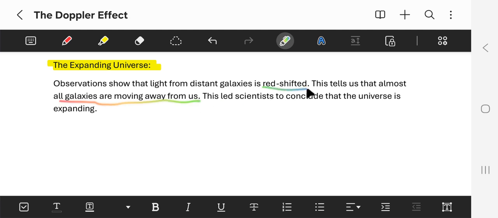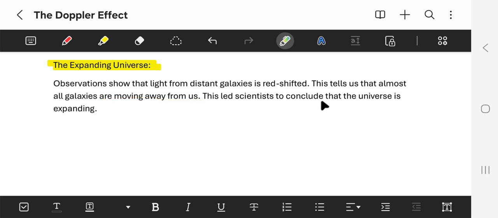Because remember, we said if we talk of a redshift, it means that the stars or the galaxies are moving away, right? So if we are seeing the distant galaxies in terms of the redshift, that means the galaxies are actually moving away from us.